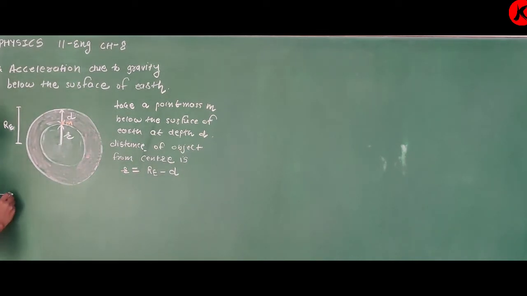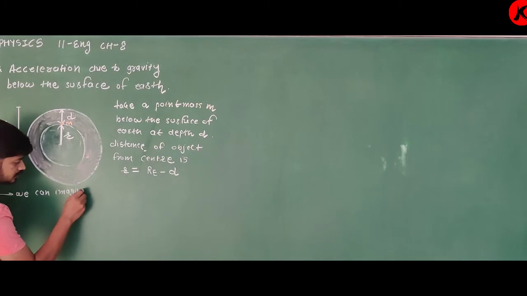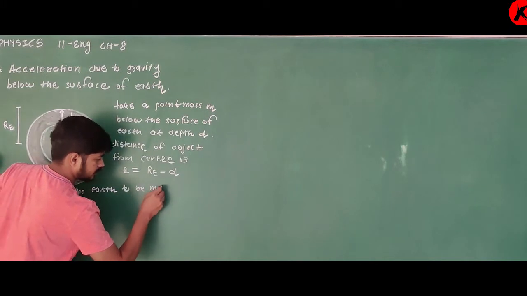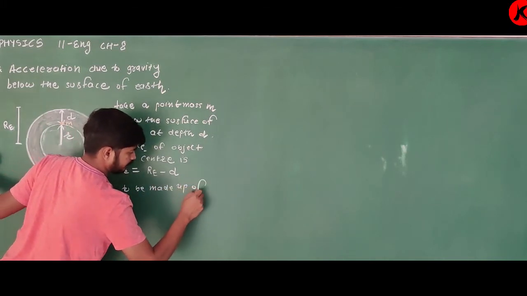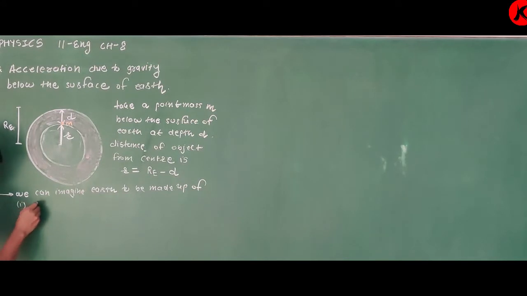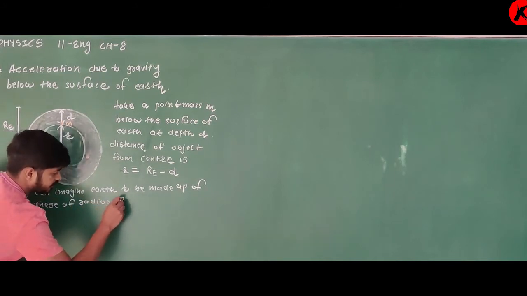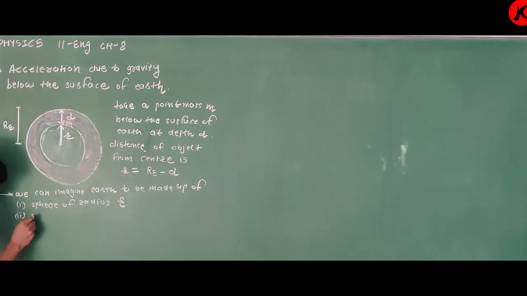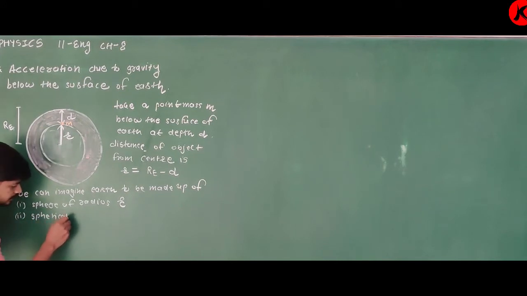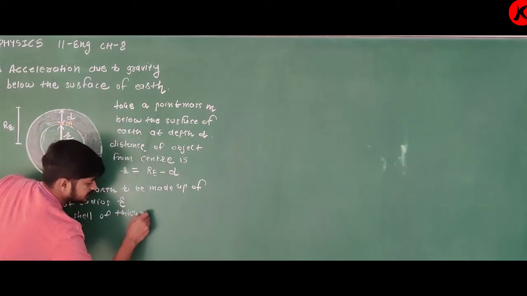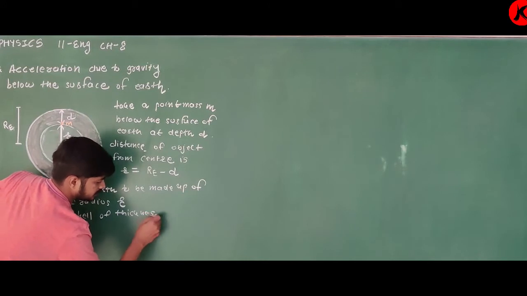We can imagine Earth to be made up of first a sphere of radius r and second a spherical shell of thickness d.